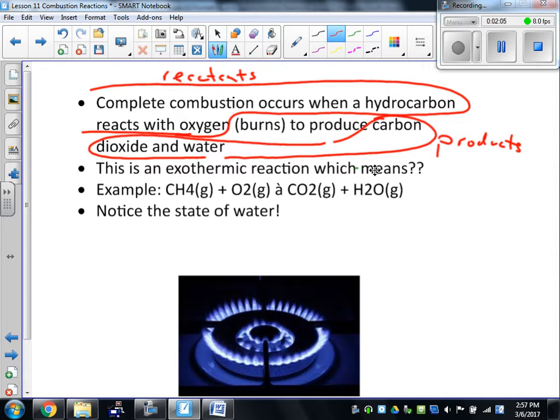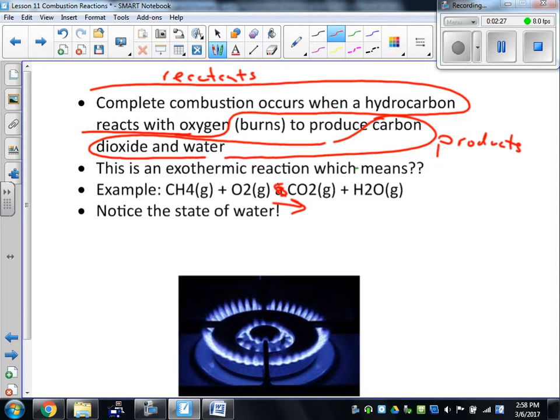For example, methane, CH4, plus O2 gives me carbon dioxide and water gas. Now, the products are gases because combustion is extremely, endothermic or exothermic? You guys should know those terms.